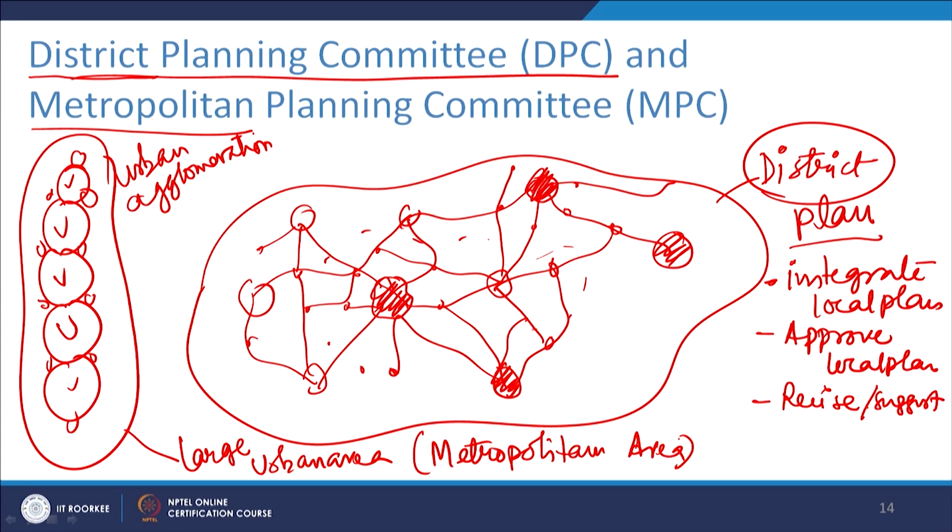Similar to the district, a plan of an overall urban agglomeration cannot be done by a single municipality. It is never possible that a single municipality or urban local body makes a plan of the overall urban areas of a metropolitan area. So, similarly to the District Planning Committee, it is mandated that a Metropolitan Planning Committee, in short called MPC, will be formed to plan for the urban agglomeration and the larger urban areas or the metropolitan areas.